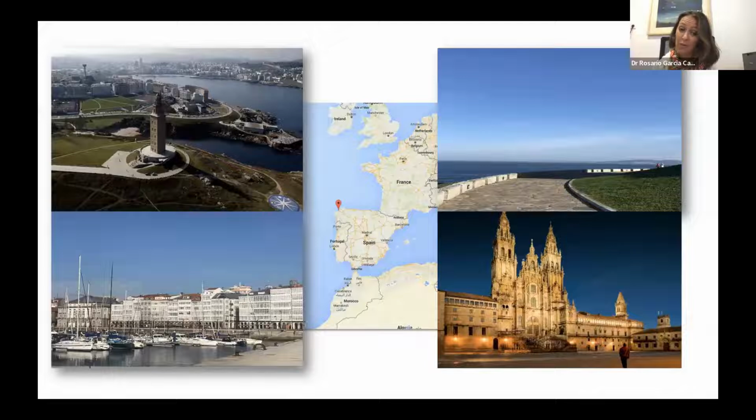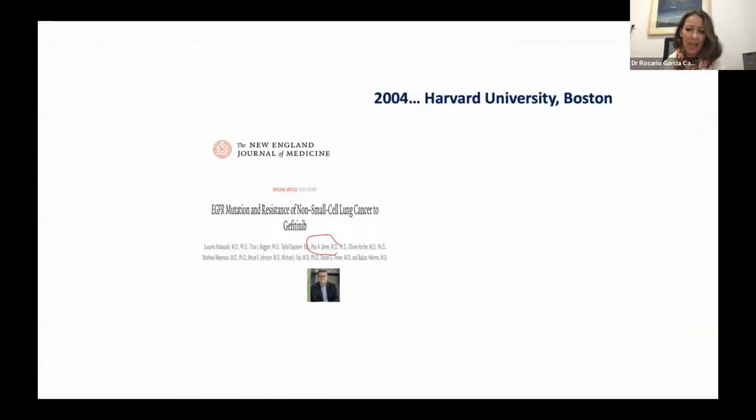You can enjoy, I would say, the best seafood in the country in our harbor. I also really recommend you come and see the city of Santiago de Compostela, a very old, wonderful city where I had the opportunity to do my medical educational program.